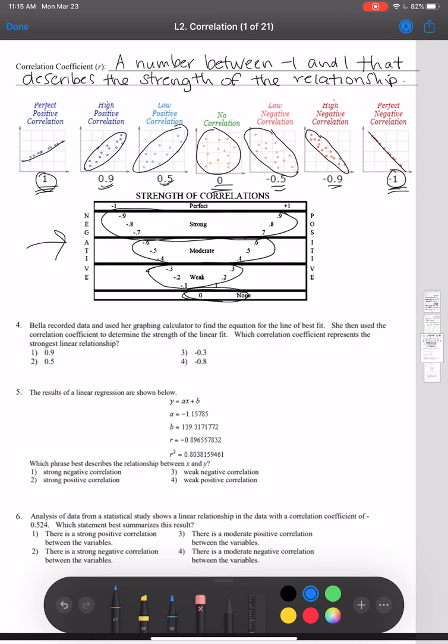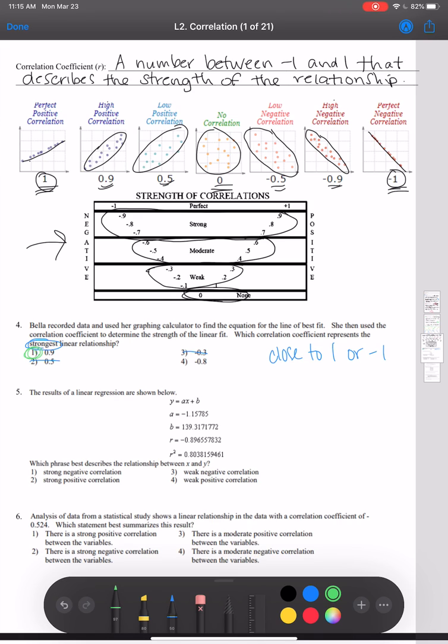The keyword here is strongest, and we know that's going to be close to 1 or -1. So 0.5 is not close, neither is -0.3. If we're looking at -0.8 and 0.9, 0.9 is closer to 1 than -0.8 is to -1. So our answer is 1.